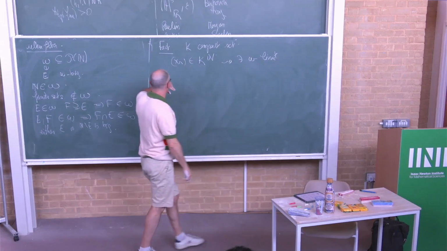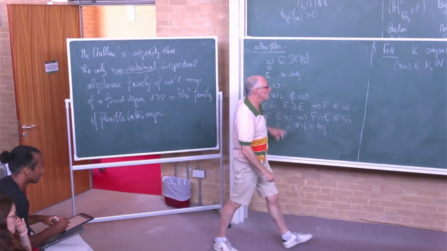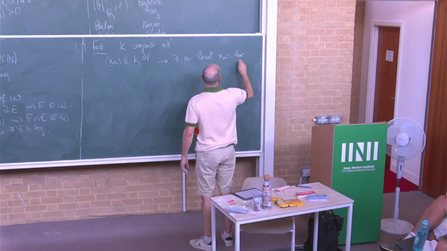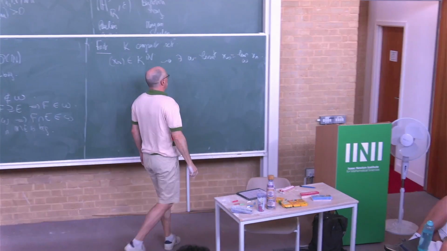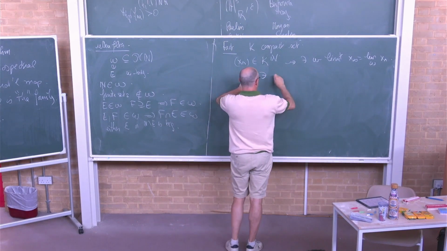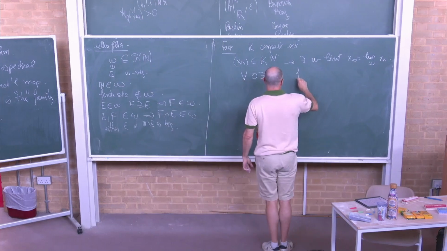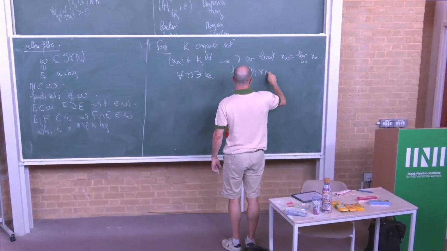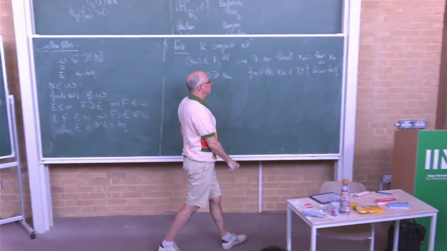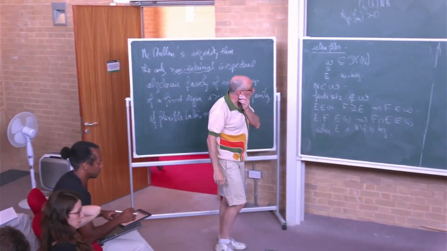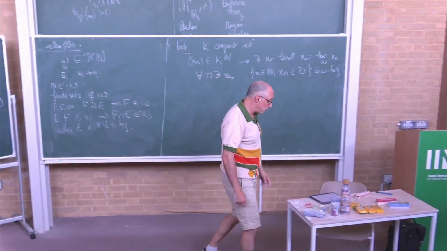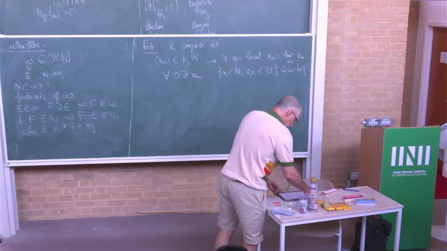So there exists a limit of x_n inside K along omega, which I call lim_omega of x_n. It satisfies the following: for any open neighborhood U of x_infinity, the set of integers such that x_n belongs to U is omega-big. And it's an exercise to prove, using the Borel-Lebesgue property, that this is actually true.